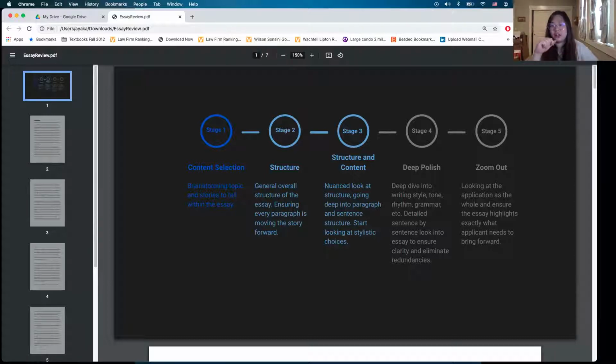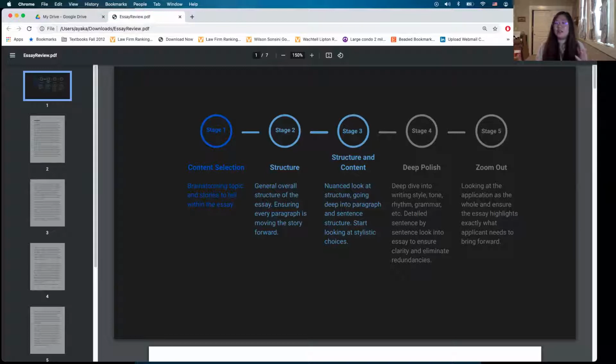Getting that idea onto paper is stage 1. In between stage 1 and stage 2, you write your first draft, and that's when the essay writing process actually takes a tangible form.